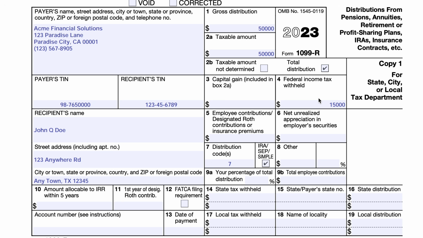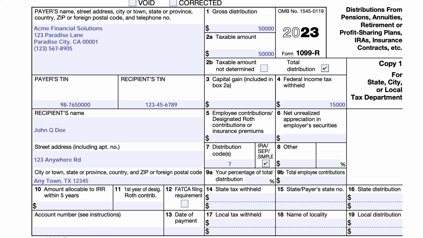In box 4, you'll see any federal income tax that was withheld. So in this case, John Doe had a 30% withholding set at Acme Financial Solutions. So per his instruction, they withheld 30% or $15,000 and remitted it to the IRS.